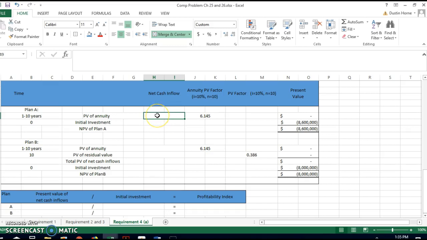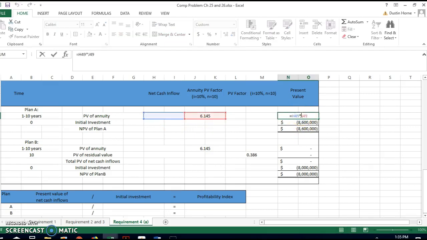You're going to put that there. Now, this is an annual inflow, so this is an annuity. It's payments every single year. So I've already looked up on the table the annuity present value factor. So you take your $1,525,000 times this, and you will get the answer here.